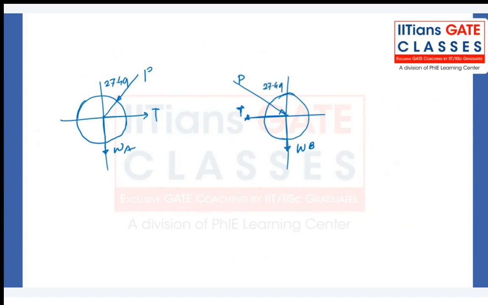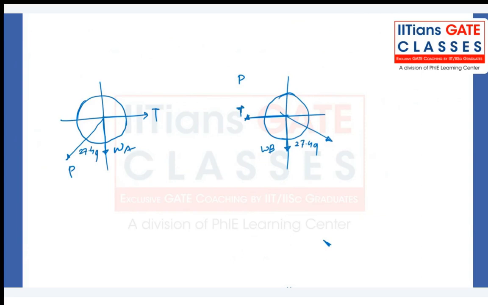You can also draw the free body diagram like this: WB, and 27.49. You can remove this if you want. Here also you can draw it like this, P, and this is 27.49. Now you can apply Lami's theorem.